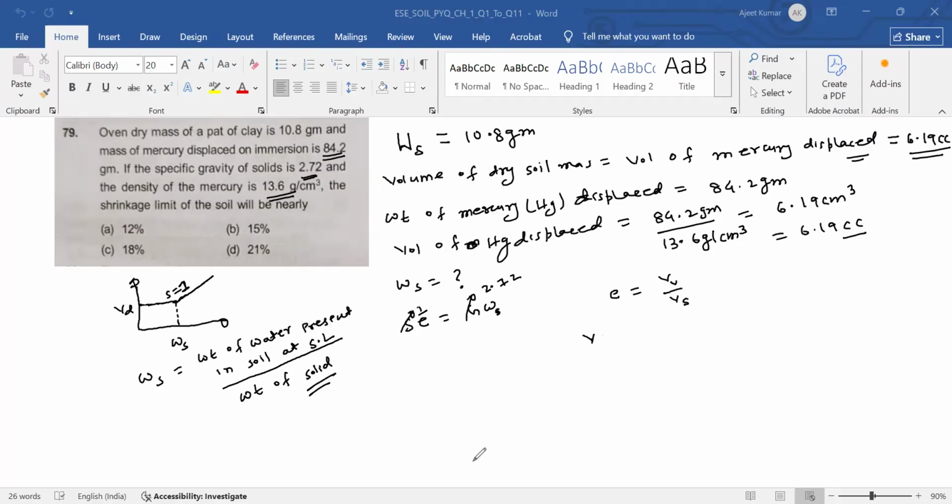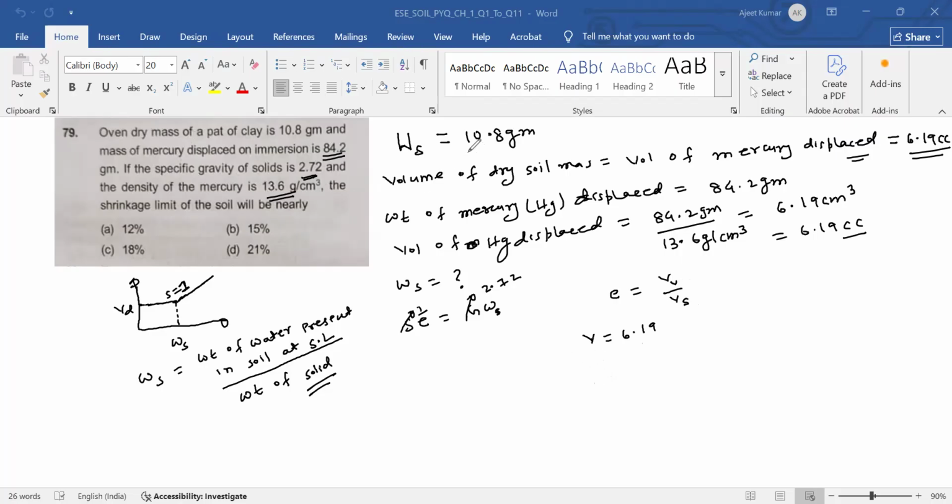What we have is the volume of soil sample at dry state, and its total volume is 6.19, and we have to first calculate volume of solids. If we calculate the volume of solids, then we can easily calculate the volume of voids by subtracting volume of solid from total volume. Okay, so how to calculate volume of solids?